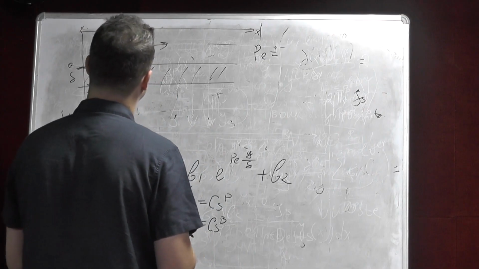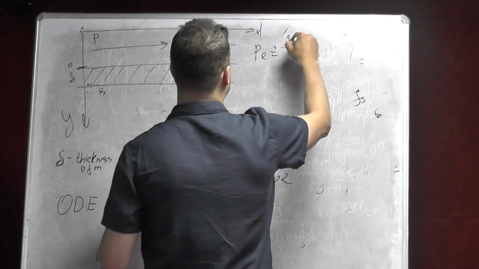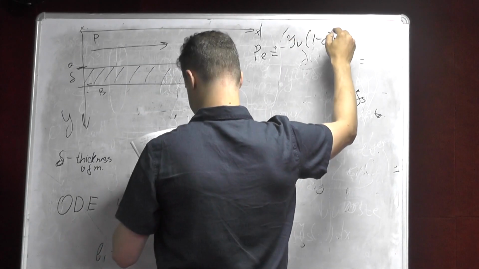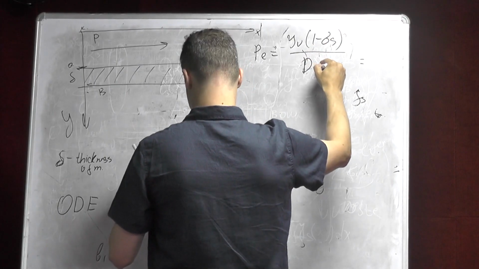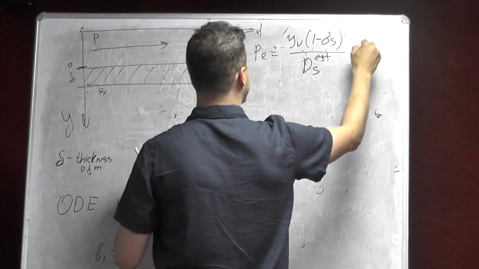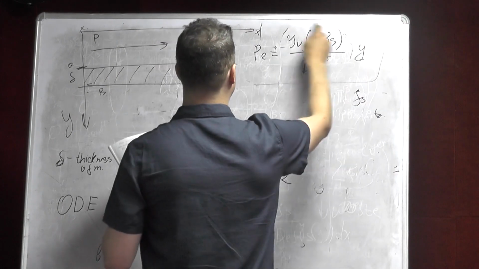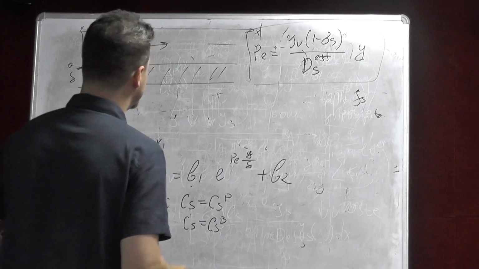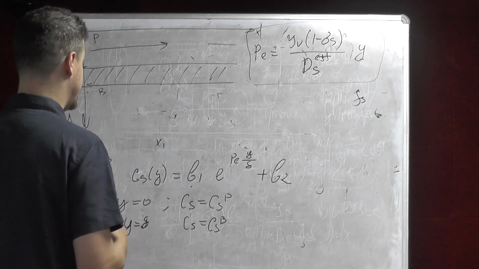I think there was something like 1 minus the effective... Yeah, that's basically the Leclerc number. It describes this particular part of the equation, just to make the writing shorter.